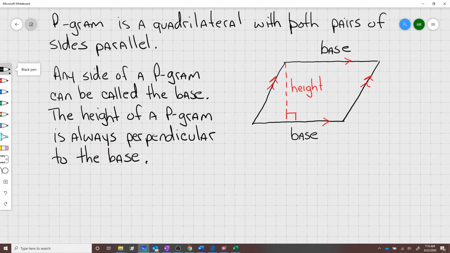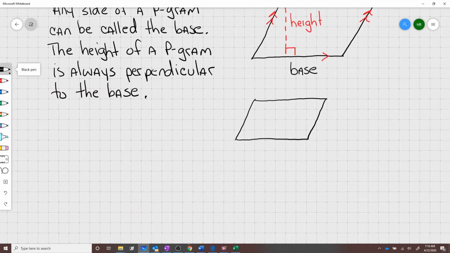If we take this same shape, even if we scale it down a little bit, now in this parallelogram, again, the horizontal sides are parallel and the left and right sides are parallel to each other.